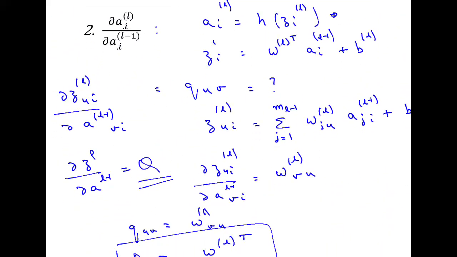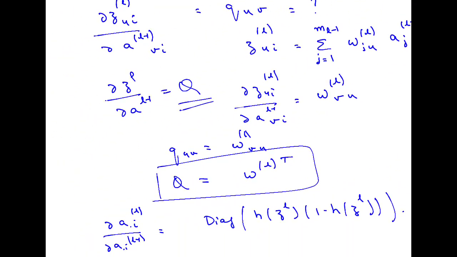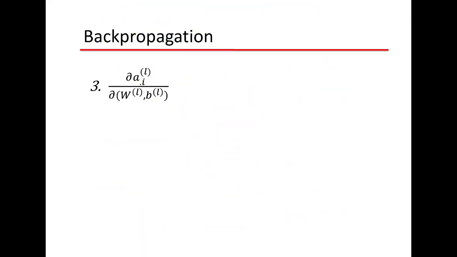So we have calculated the derivative with respect to A. Now, how about calculating the derivative of A with respect to weights and biases? Okay, so let's do that quickly. So what is the formula?